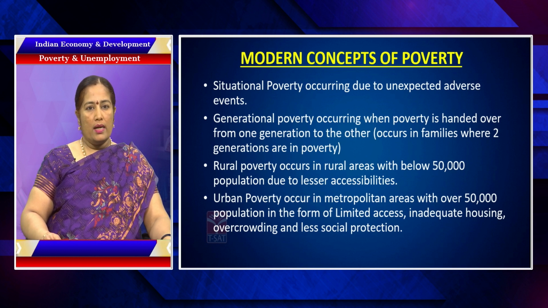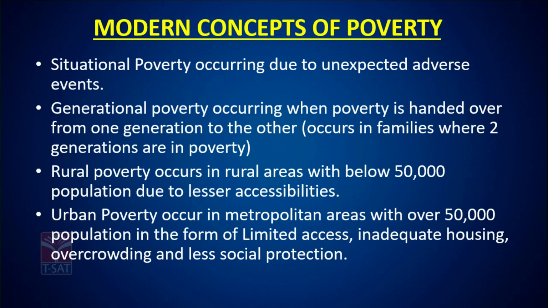Then while the entire world was concentrating on relative poverty and how to eradicate it, and while the developing economies were concentrating on how to eradicate absolute poverty, in the course of time the modern concepts of poverty have come into existence, where certain intellectuals started questioning why poverty has to be related only to income scarcity, why only the monetary aspects have to be taken into consideration.